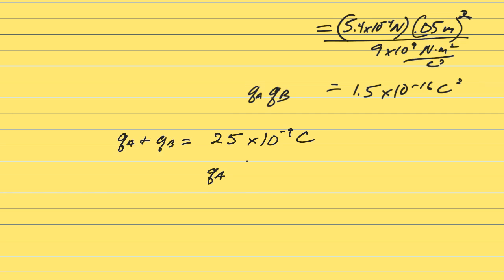QB is really 25 times 10 to the negative 9 coulombs minus QA.